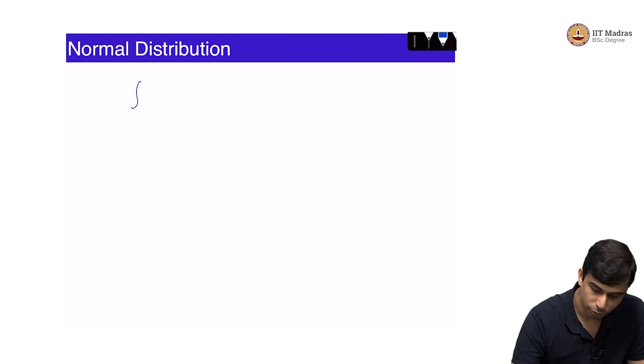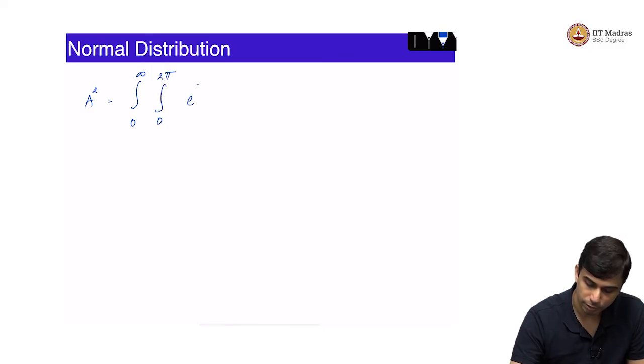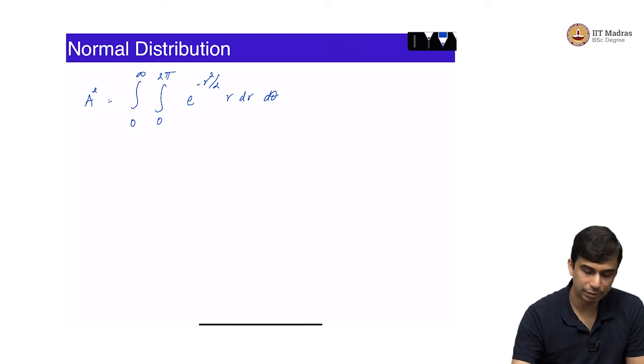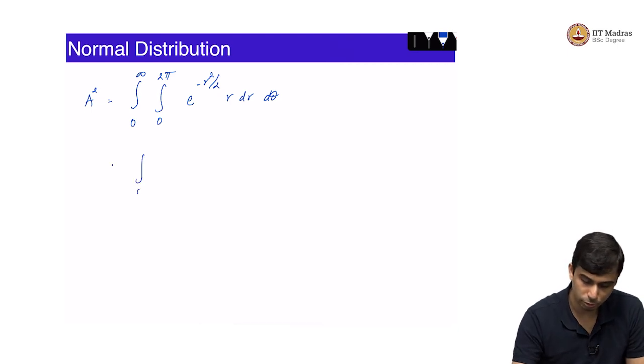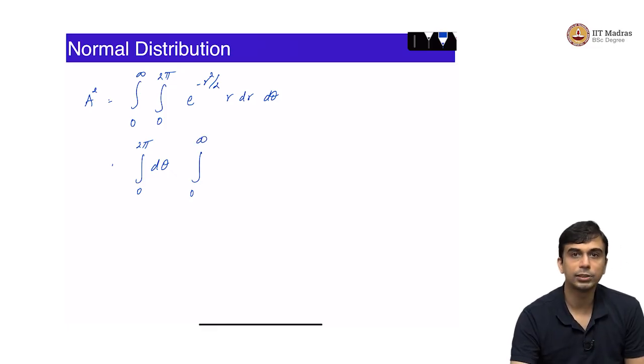A squared is equal to the integral 0 to infinity, integral 0 to 2 pi, of e power minus r squared by 2 r dr d theta. So, you can take the d theta integration outside. So, it is integral 0 to 2 pi d theta, times integral 0 to infinity where instead of r squared by 2 let us define u to be equal to r squared by 2, right.